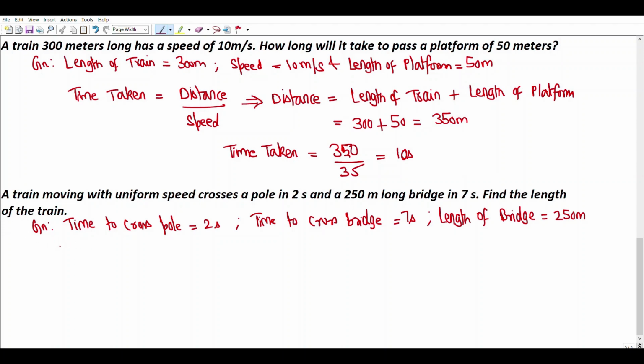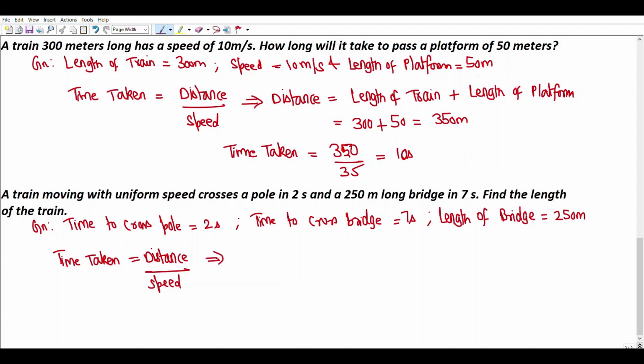So we can use the same formula, that is time taken is equal to distance by speed. So here we don't know the distance as well as the speed. So first we need to determine speed of the train.